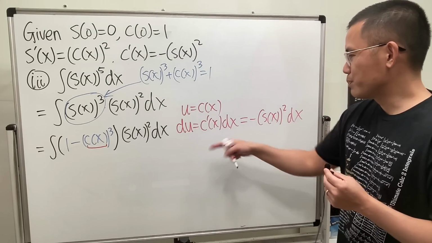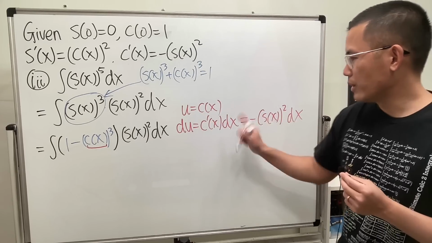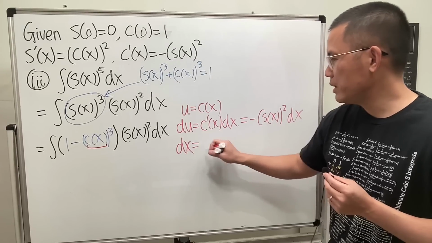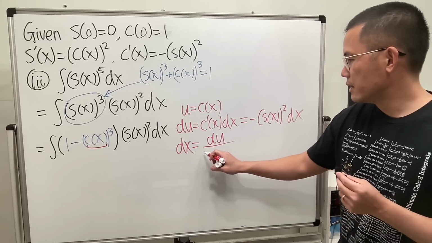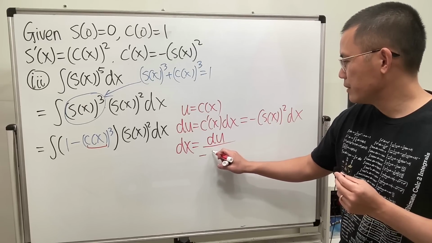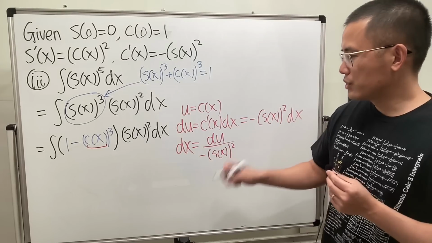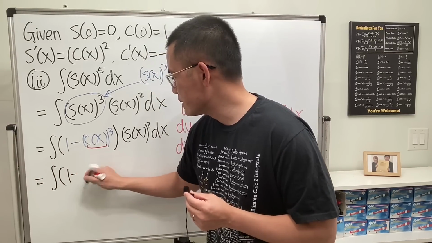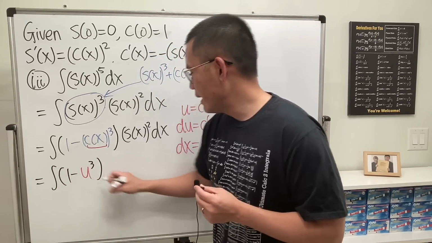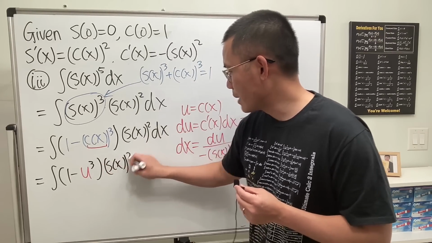I'm going to just make it more clear by isolating the dx. So as you can see, dx will be equal to du over negative s of x squared. Okay, so this right here is equal to the integral of 1 minus u to the third power, and then this right here is still s of x to the second power, and this is that.